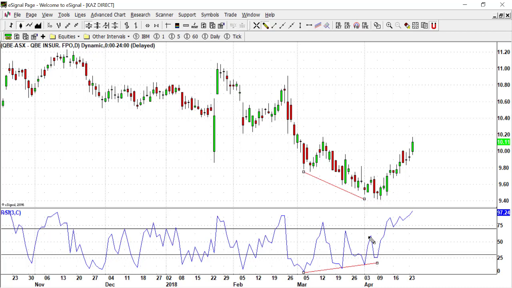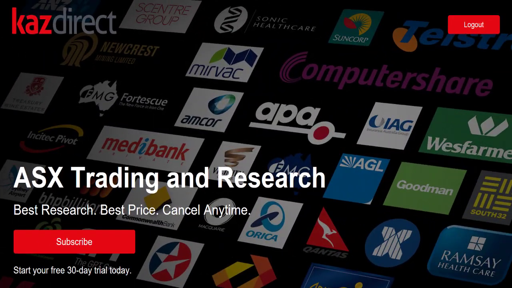And the call from this kind of price pattern is that the market will eventually reverse. And as you can see, it did exactly that and snapped to the upside from $9.40 and rallied all the way. And at this point, it's looking towards the level of $10.20.